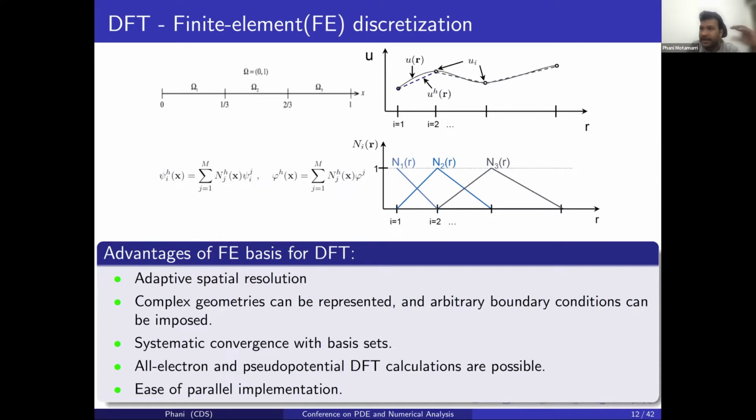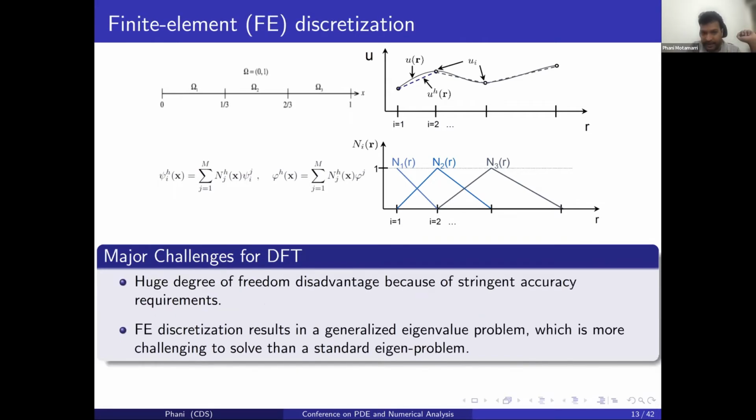Because of the adaptive resolution in the finite element basis, you can solve both of these calculations in the same framework. And of course, the most important advantage is that because these basis functions are local, it is amenable to parallel implementation, which means it is scalable on heavily parallel computing architectures.